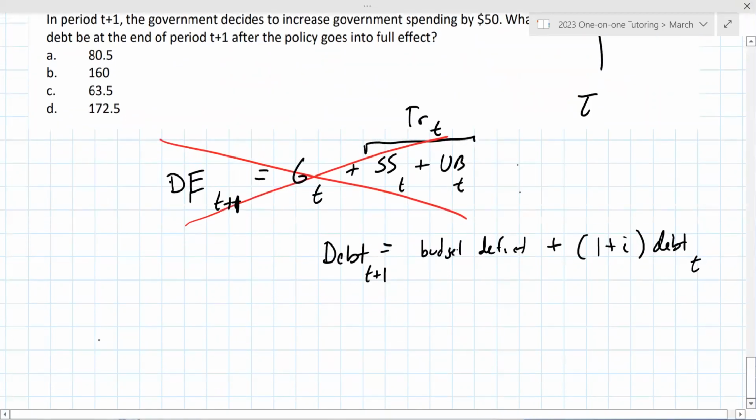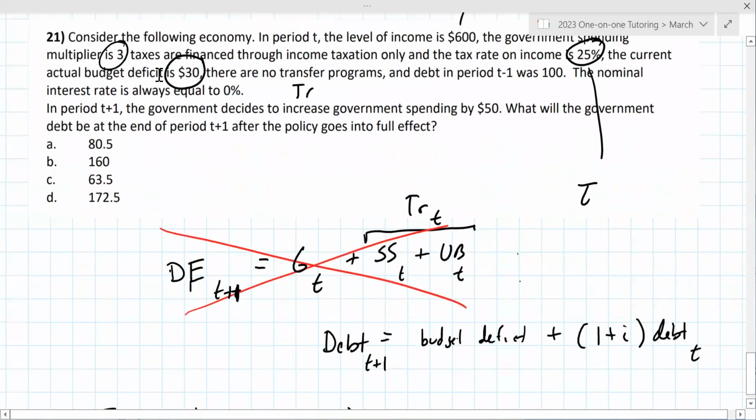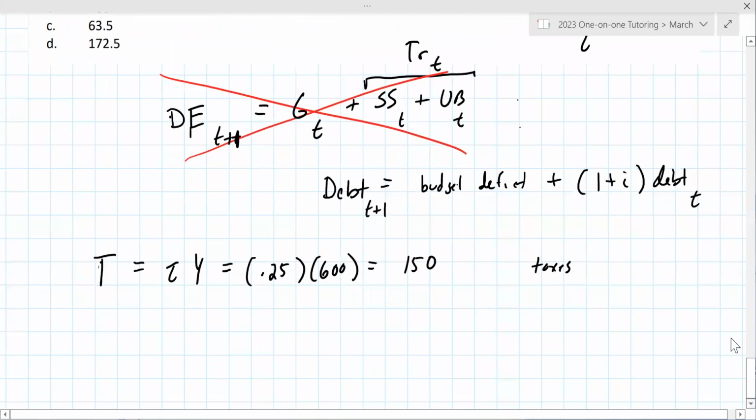All right, let me just try to start it the way they do. They're saying that T is tau times Y. Tau is 0.25. Y is 600. So that's 150, the taxes that they collected. They're saying that the budget deficit is 30, meaning they didn't collect enough. So didn't we say something like T minus G equals something?